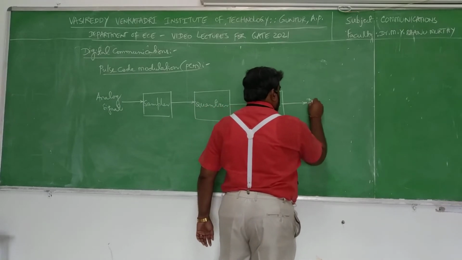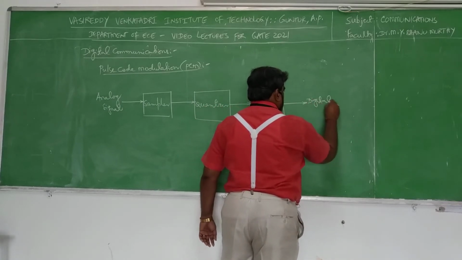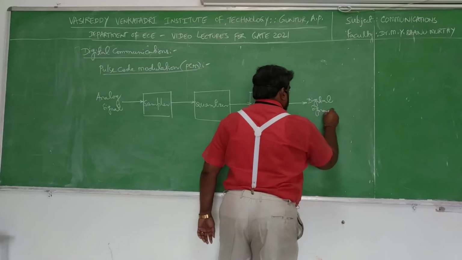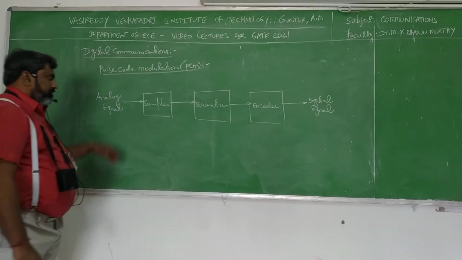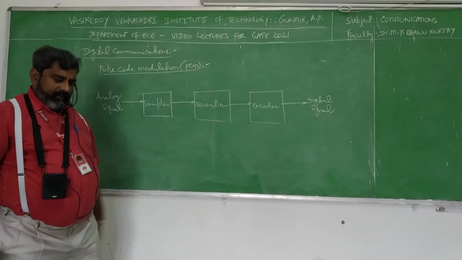The output is a digital signal. So these are the three steps in pulse code modulation: sample, quantize, and encode.